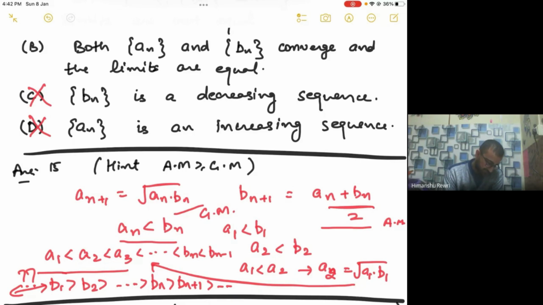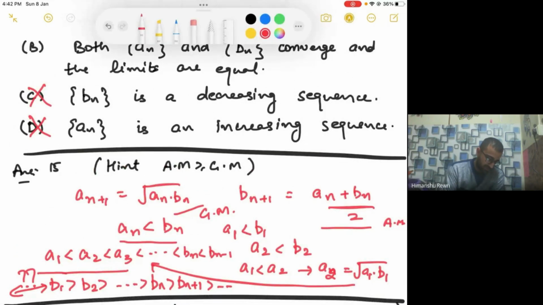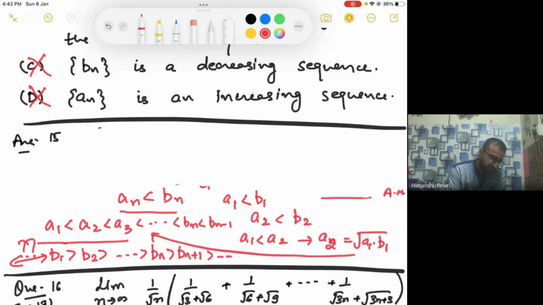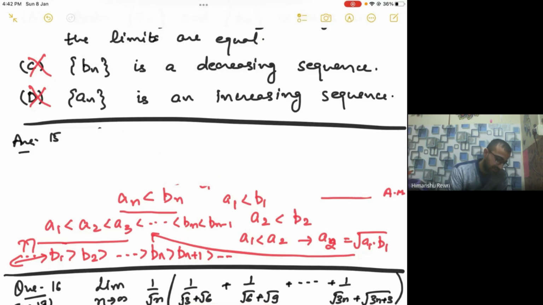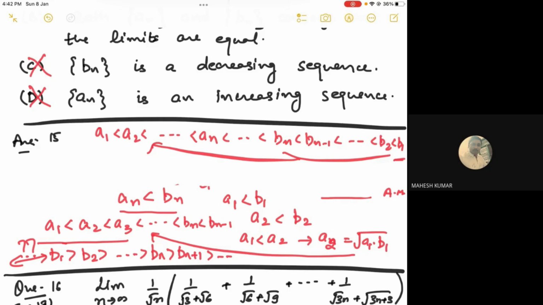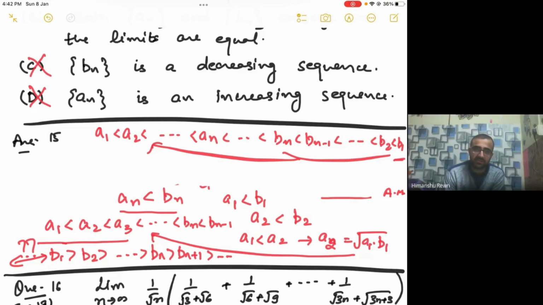So we have this: A1 is less than A2 is less than up to An, this is less than Bn minus 1, and so on, less than B2, less than B1. So Bn is bounded below by A1, and An is bounded above by the Bi's. So An and Bn are converging sequences.